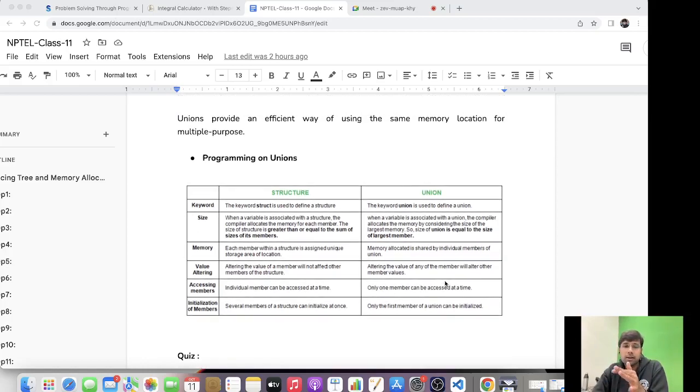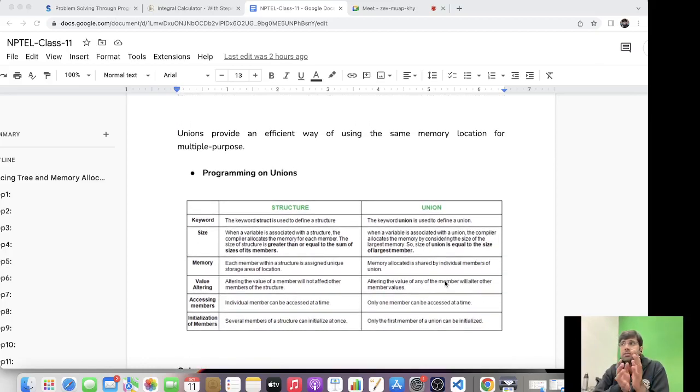I think you need to understand that this is the founding block for how we group several variables or data types together for larger use cases.